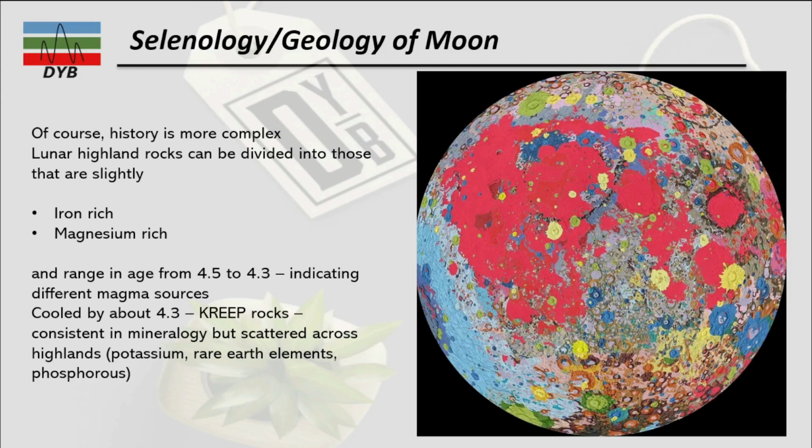It can be divided into two categories of rocks. One of them is iron rich and the second one is magnesium rich. We can also divide these rocks by age, which is 4.3 to 4.5 billion years old rocks, and the other is 4.3 billion years onward to the recent.